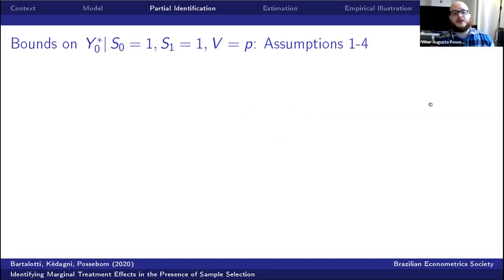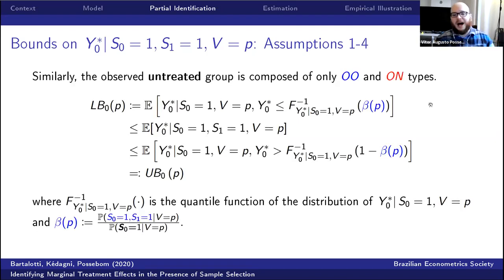A very similar result holds for the untreated state. But now the trimming proportion is not alpha anymore; it is denoted by beta, where beta is the proportion of the always employed population within the population that is observed when untreated. But it's the same kind of reasoning.